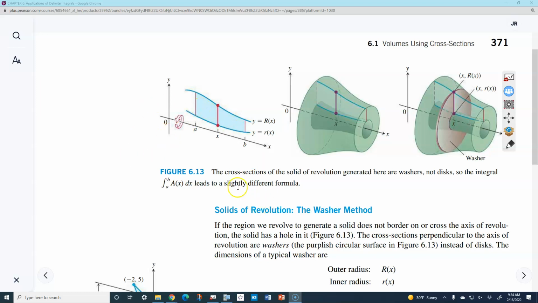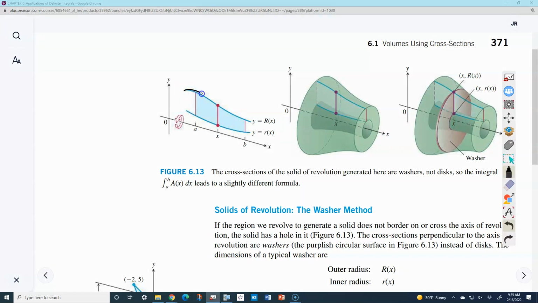This next one is called the washer method. You could also call it the donut method. So instead of being a disc that is a full circle, it's a circle with a hole in it. The cross sections are circles with a center of some sort cut out. So you can illustrate that here.